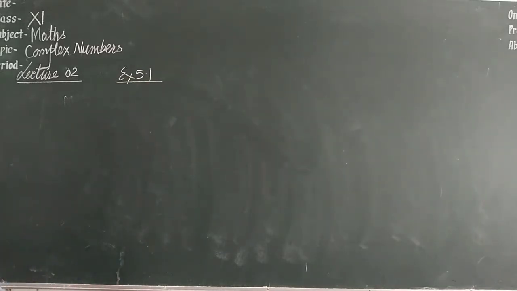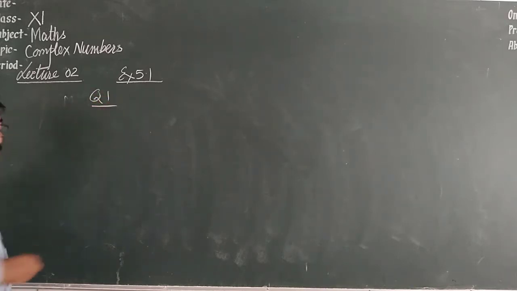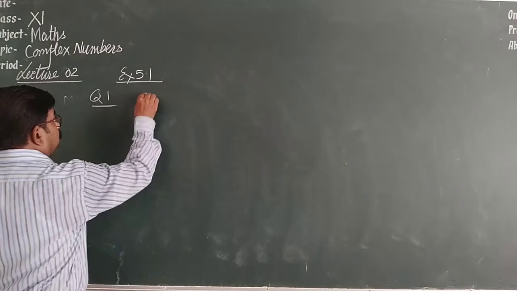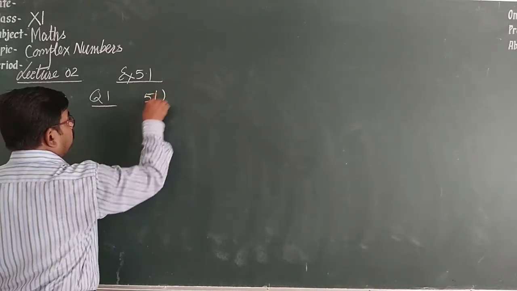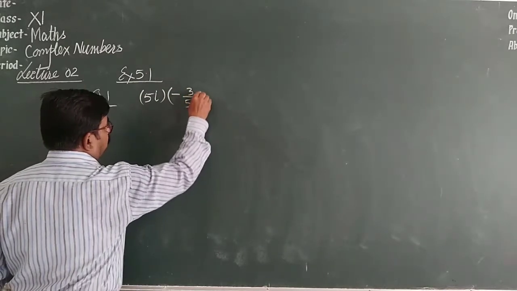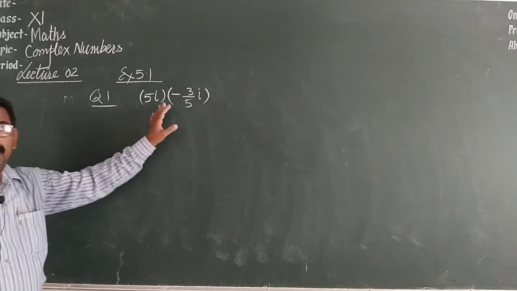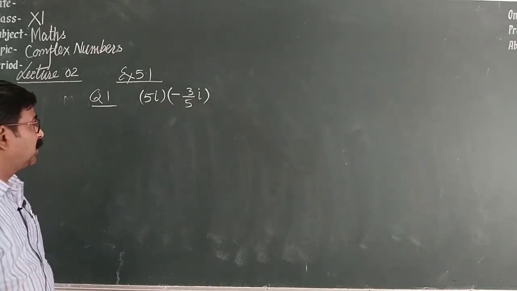The first question is, express each of the complex numbers given in exercises 1 to 10 in the form a plus ib. 5i into minus 3 upon 5i. So we have to change this into the form a plus ib, means in the form of a complex number.